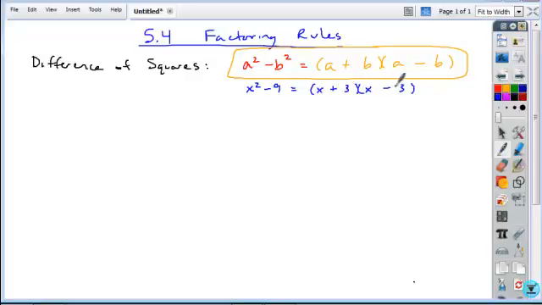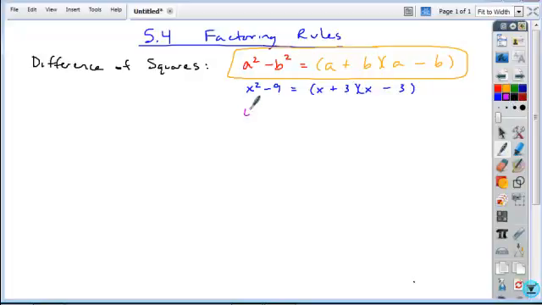So we've already done that, so hopefully that looks familiar to you. What you're going to start to see are some that get a little more complicated with respect to this same pattern.